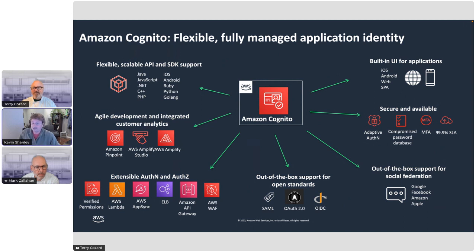And finally, last but certainly not least, on the bottom left, extensible authentication and authorization support. So when we look at things like Keycloak or some of these other providers, you often need to bake OAuth, OpenID Connect, and things either right into your app or use some other sorts of open source components for that last mile of integration.